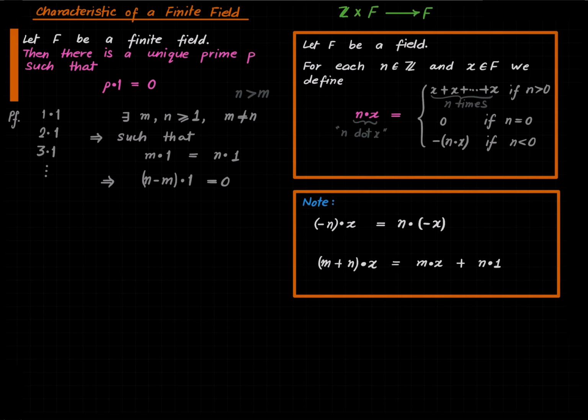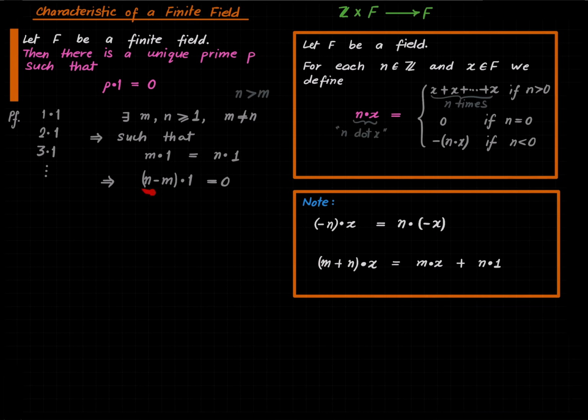Right? Either you can use this or you can use common sense. What is this? This is 1 added m times and this is 1 added n times. We are just saying cancel off these m 1s with m 1s on the right hand side. You will be left with n minus m 1s on the right hand side and you get this equation. But if you don't like that idea, you can use this, right? So we have that, just verify. And now, so far what have we shown?